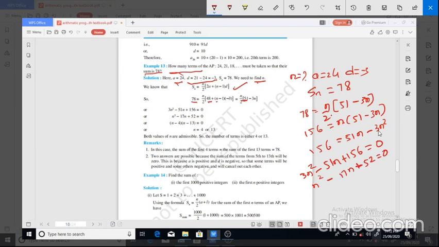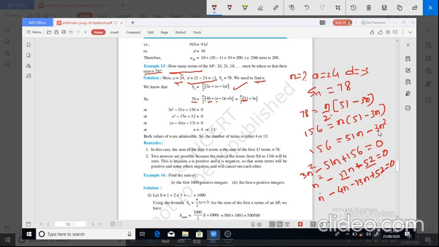So the product of the two numbers must be 52, and the sum of the two numbers must be minus 17. Those numbers are minus 4 and minus 13. So n square minus 4n minus 13n plus 52 equal to 0.